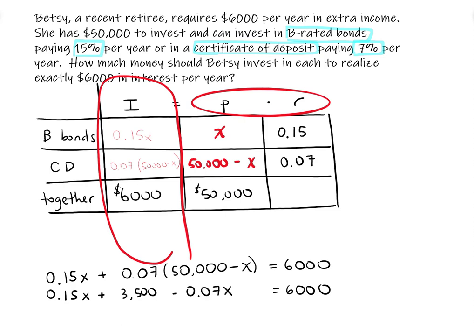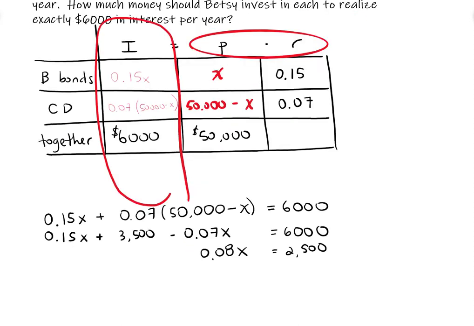But I know that if I subtract my x's, I'm going to get 0.08x, and subtracting 3,500 on both sides, I get 2,500. And doing this division, I used my calculator. I don't expect you to do it in your head. I get 31,250.